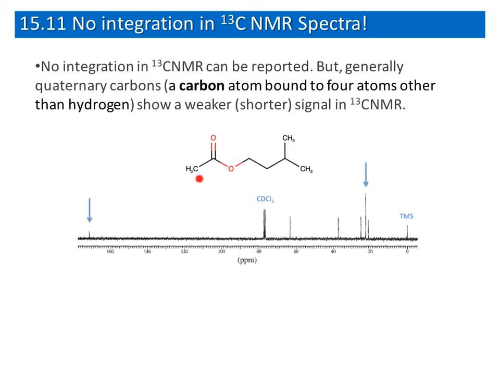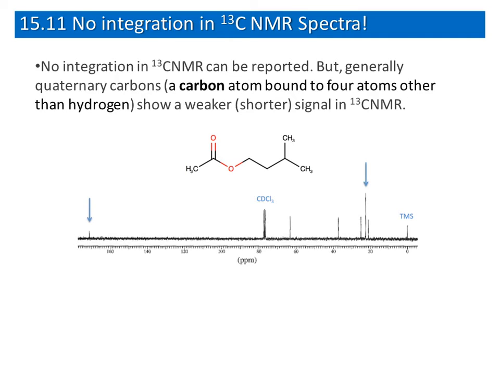If you look at this structure, the only carbon atom that is connected to 4 atoms other than hydrogen is the carbon of the carbonyl, and here is the signal for that. If you look at the intensity of this signal, it is actually a very weak signal. If you look at the height, it's not very strong compared to the signals that belong to carbons that are connected to hydrogen atoms.